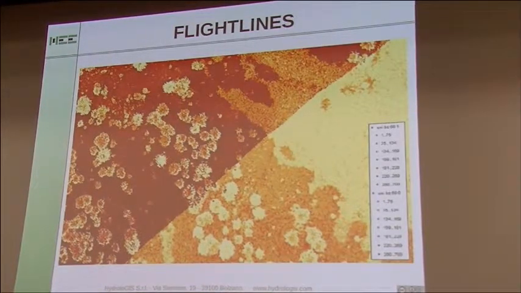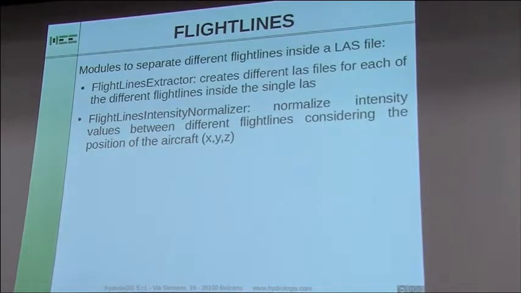This is an example of the effect of the flight lines on the intensity values. The intensity value depends on the direction and on the height of the aircraft. So using the same color map, the intensity values here are higher than the ones in this other flight line.